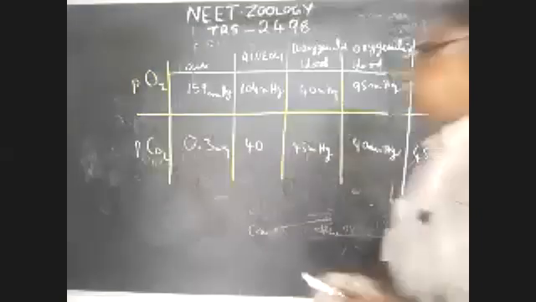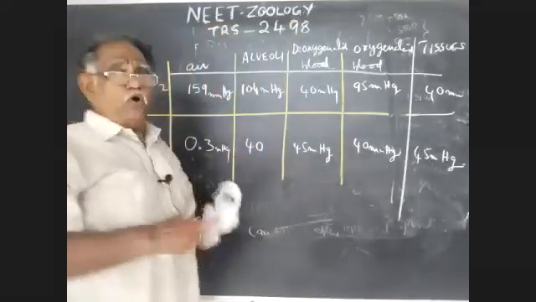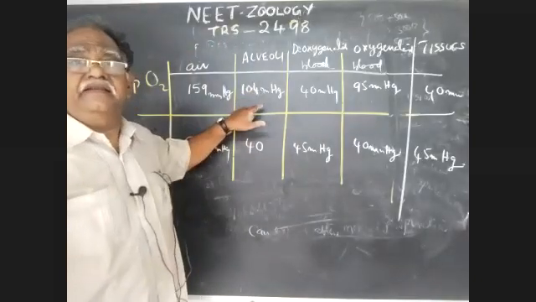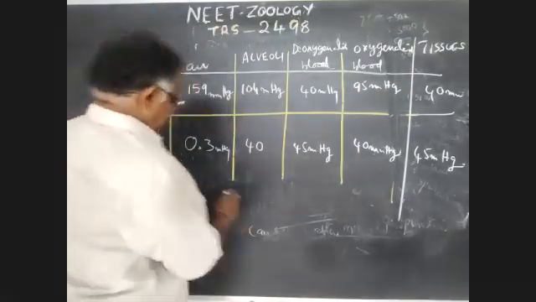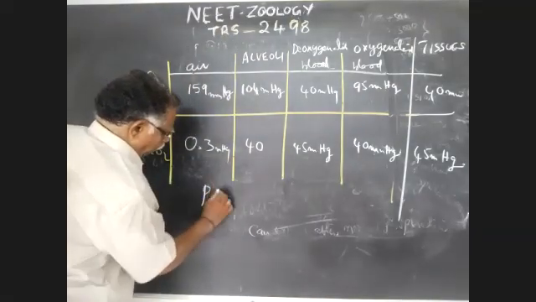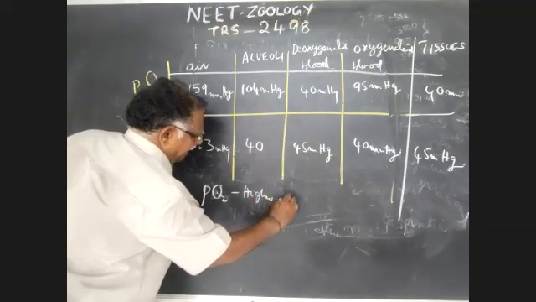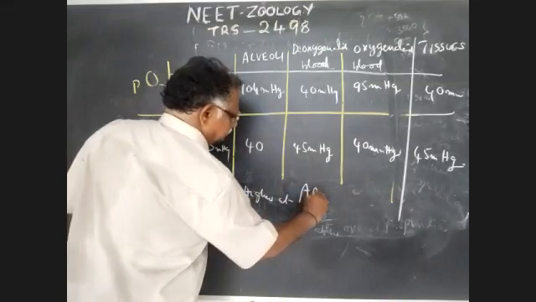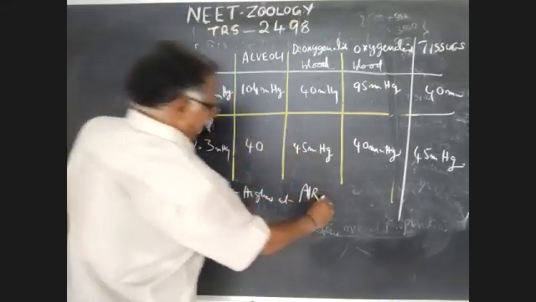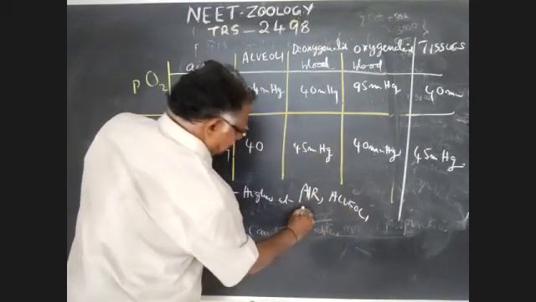If you take the figures, PO2, partial pressure of oxygen, is higher at: A, alveoli, and next, oxygenated blood.